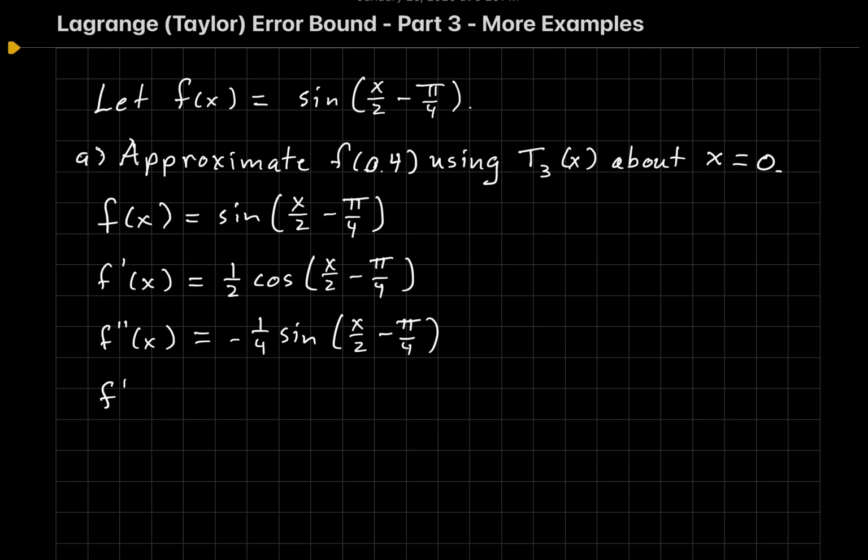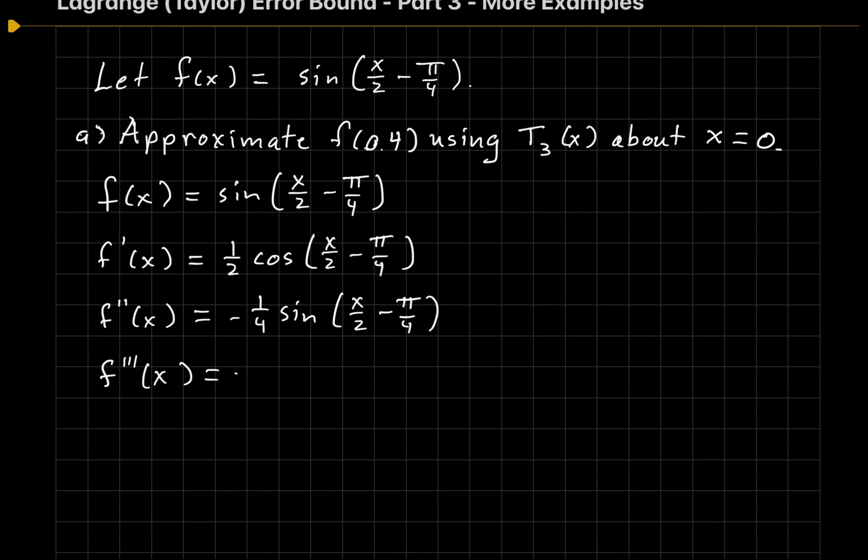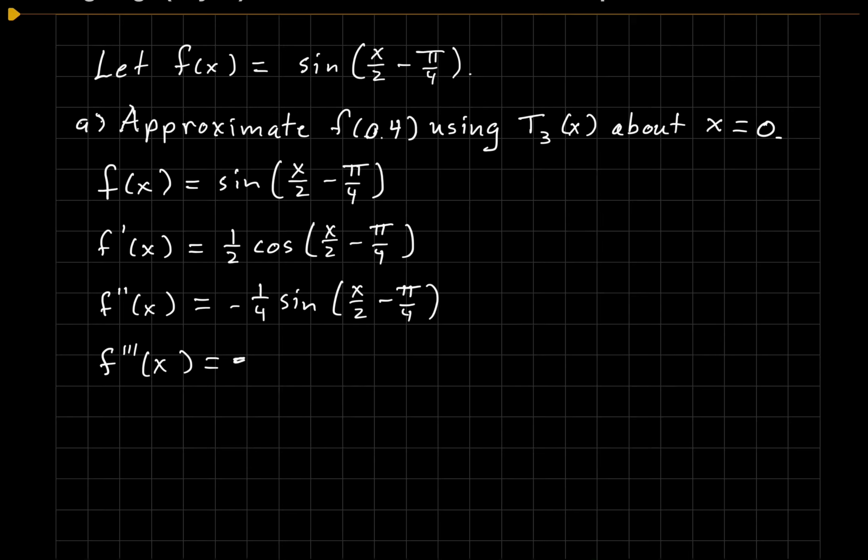And f triple prime is negative 1/8. Don't forget we have a chain rule every time of times 1/2. So negative 1/8 cosine 1/2 x minus pi over 4.